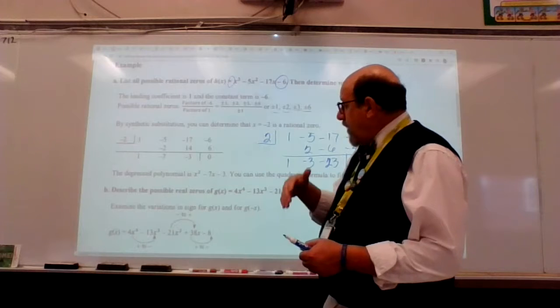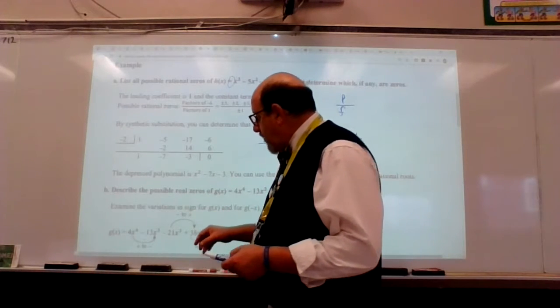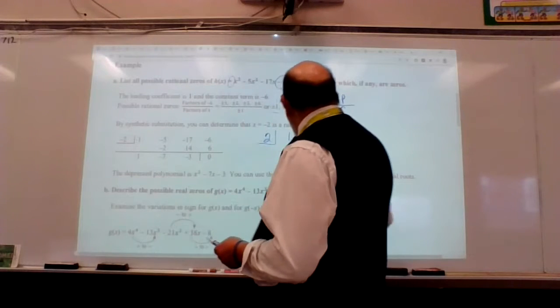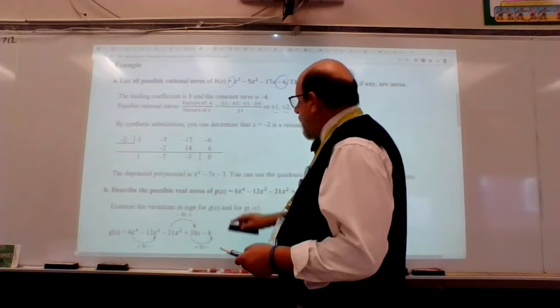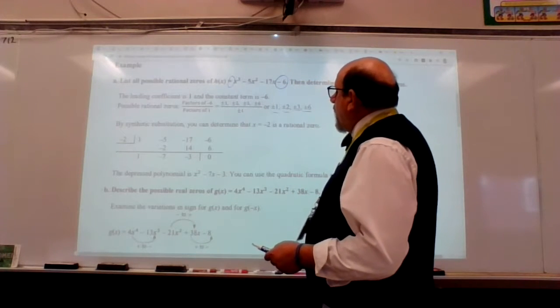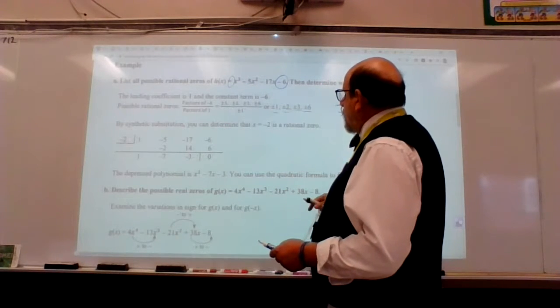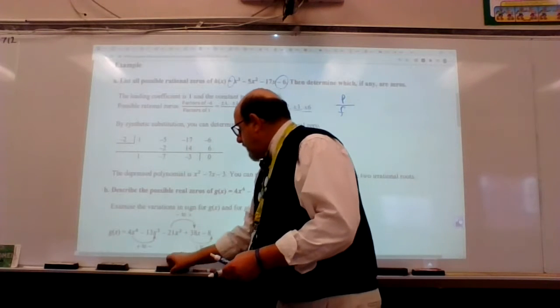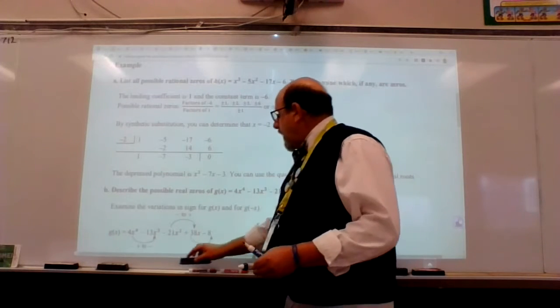Now we're going to use Descartes' rule of signs, which is an interesting proposition. We knew, by the way, that this has 3 possible real roots in its function by looking at that lead term.